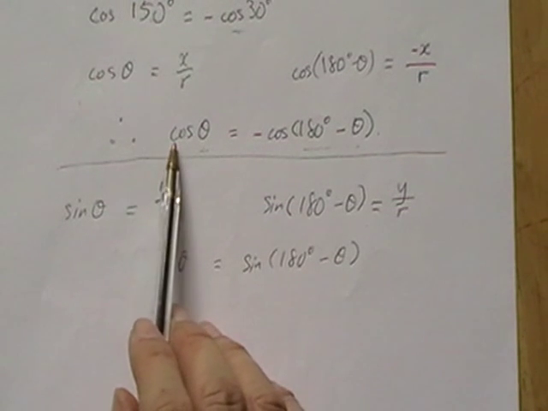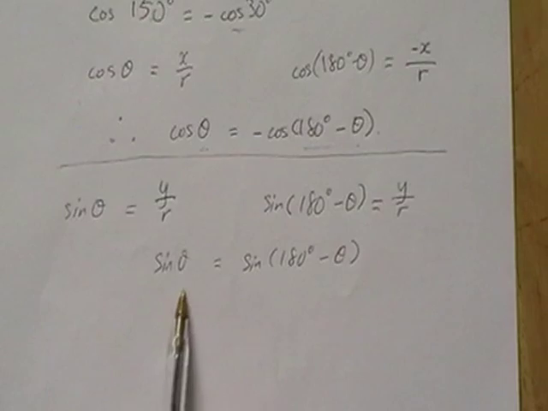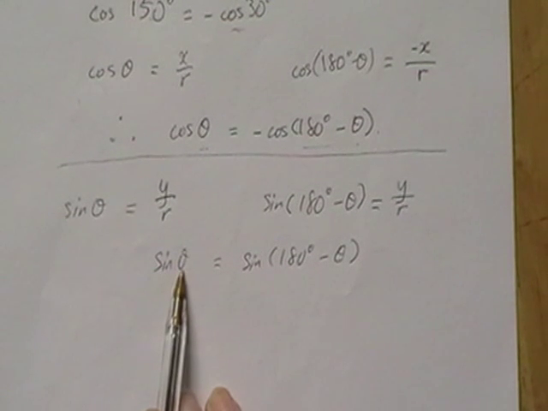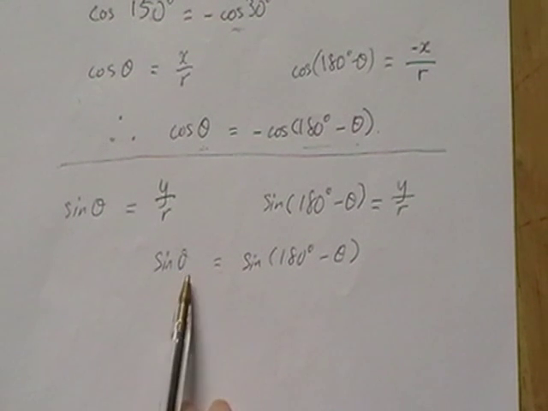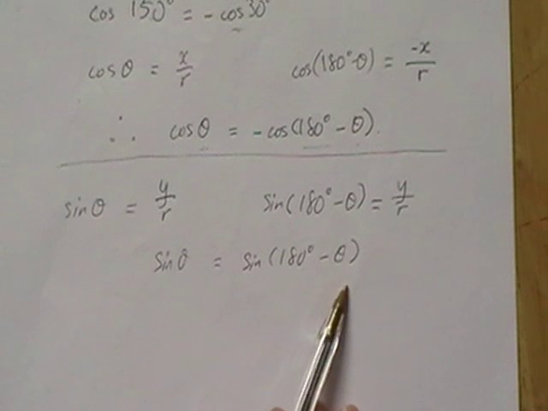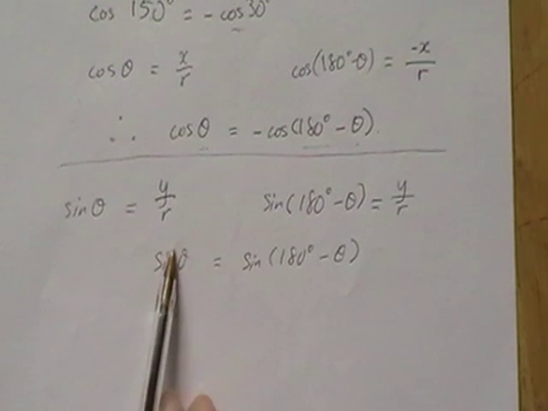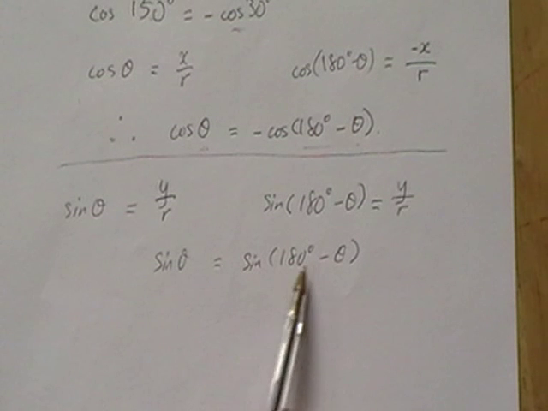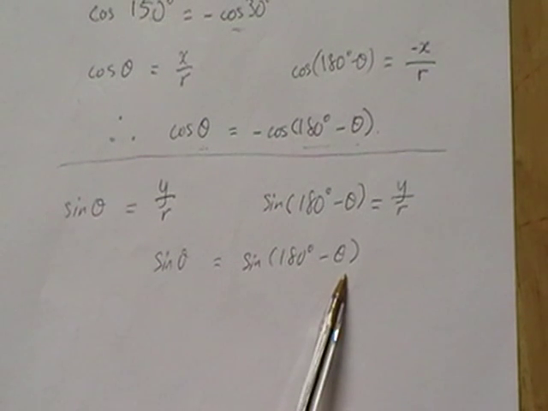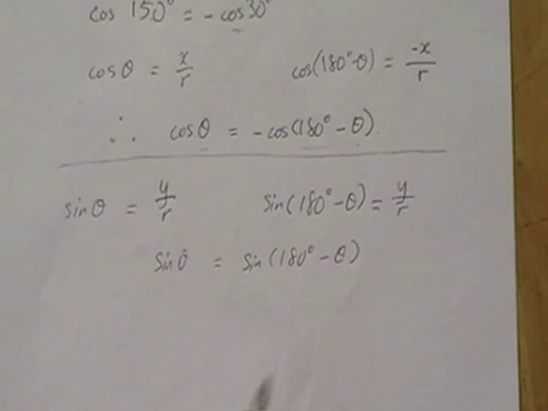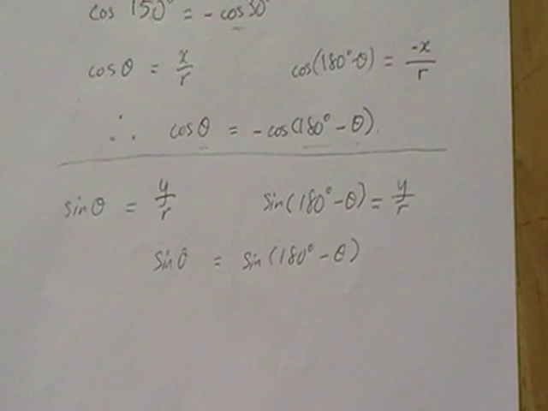And in the same way as for cosine theta, although I have derived this assuming that theta is obtuse, this relation is still true even when theta is smaller than 90 degrees, because if this is smaller than 90 degrees, it simply means that 180 minus theta is more than 90 degrees. So this becomes obtuse.